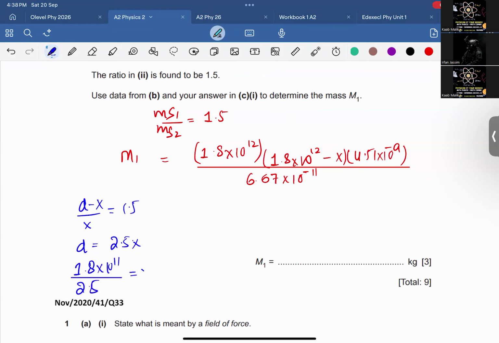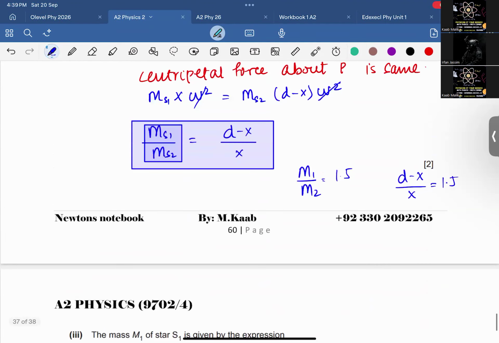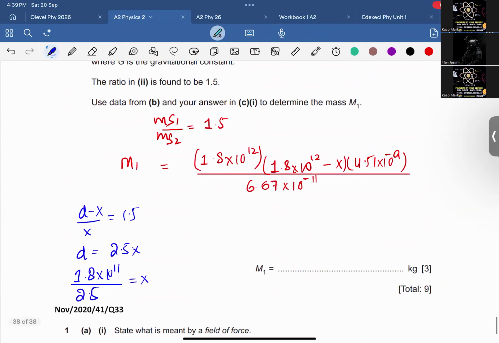Just find that out. It is 7.2 into 10 to the power 10, and you can put it here.